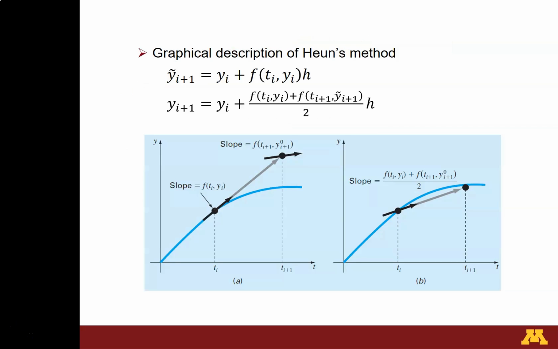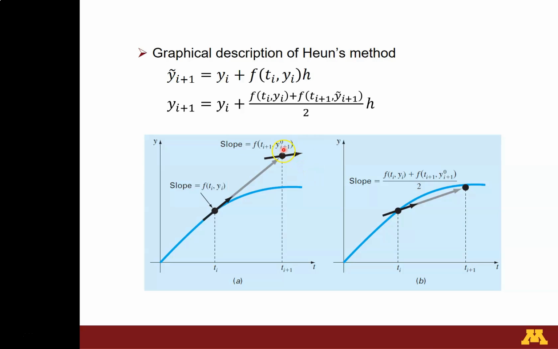Here is the graphical description of the Heun method. Look at this. The slope at point i is based on the Euler method. Using this slope, we can estimate one value of y at i plus 1. Here we estimate yi plus 1 at this point.